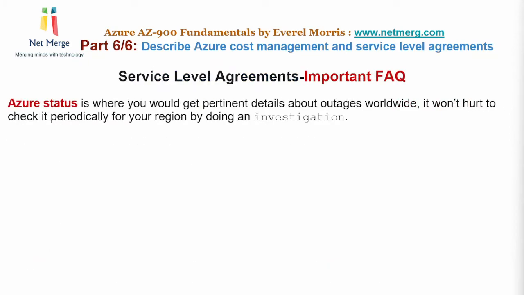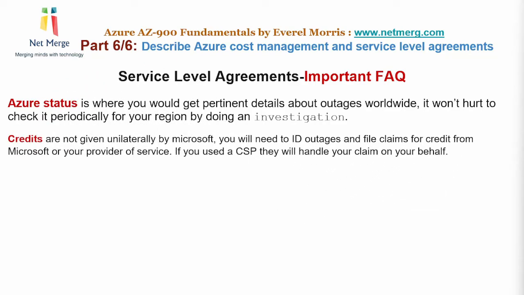Now let's look at the service level agreement frequently asked questions. Azure status is where you will get pertinent details about outages worldwide or within your region. So you would have to check your Azure status periodically to find out if there was an outage in your region, or to do an investigation about an outage. Now, credits are not given unilaterally, as I mentioned before, from Microsoft.